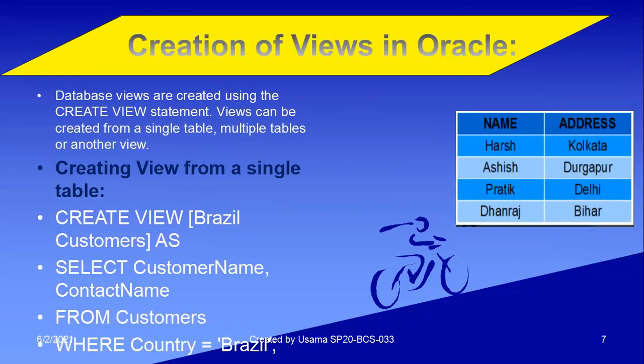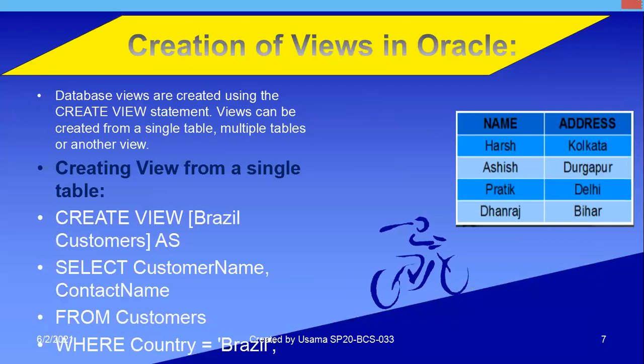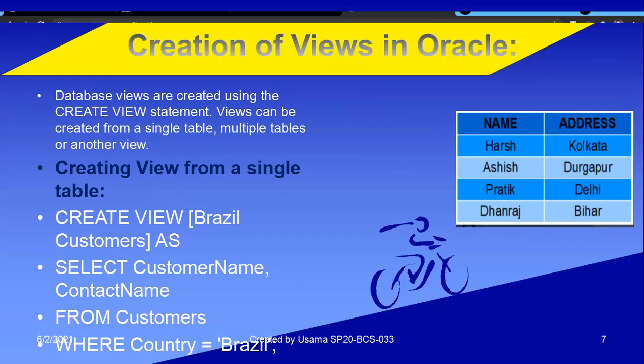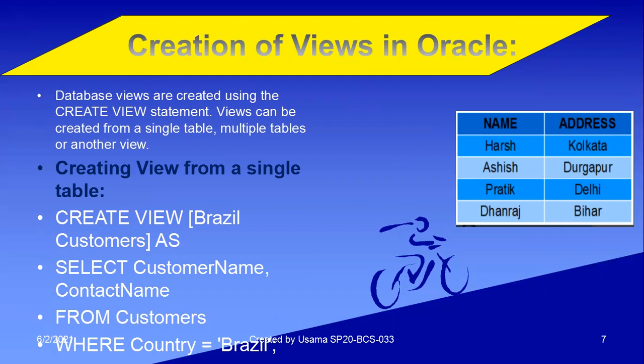Okay, the next step is how can we create views in Oracle? Here we can also add that views are created, views are deleted, views are updated. So we can apply many CRUD operations on views in Oracle. Database views are created using the create view statement.